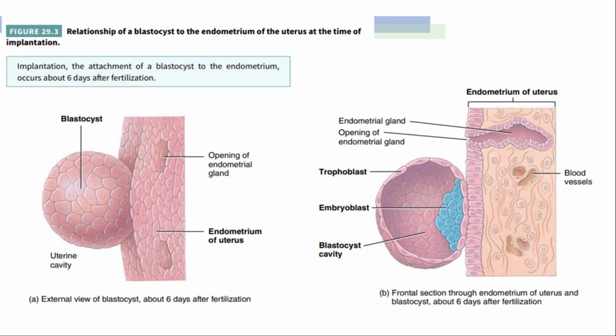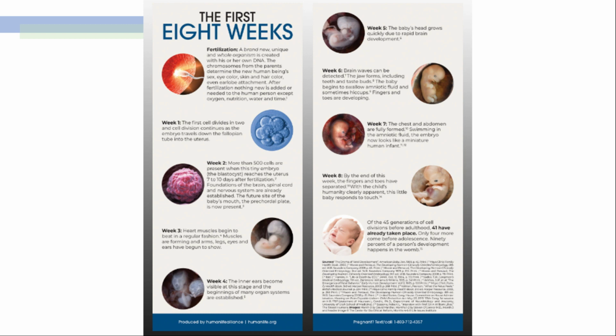It is the blastocyst that implants into the wall of the uterus. The process in which the blastocyst attaches to the wall of the uterus is called implantation, also known as nidation. Again, the embryoblast or the inner cell mass is the component of the blastocyst that will give rise to the embryo.